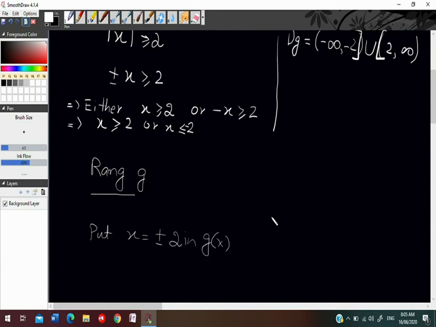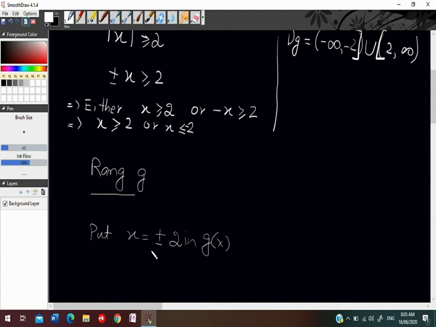As we know, all x are our domain and g of x is our range. So here we have decided the domain of our function, and now we are deciding the range of our function.